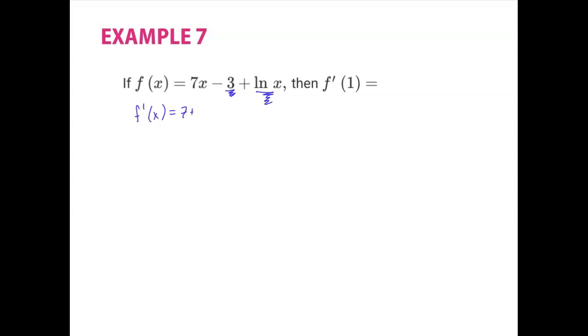So we have 7 plus 1 over x as our general derivative. So then f prime at 1 is just 7 plus 1 over 1, which is 8. And that is it.